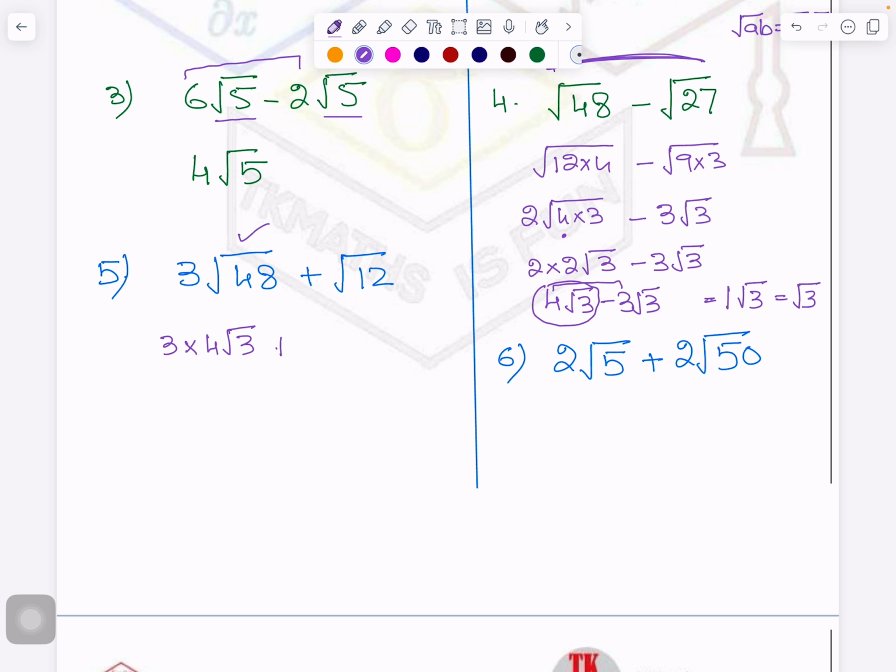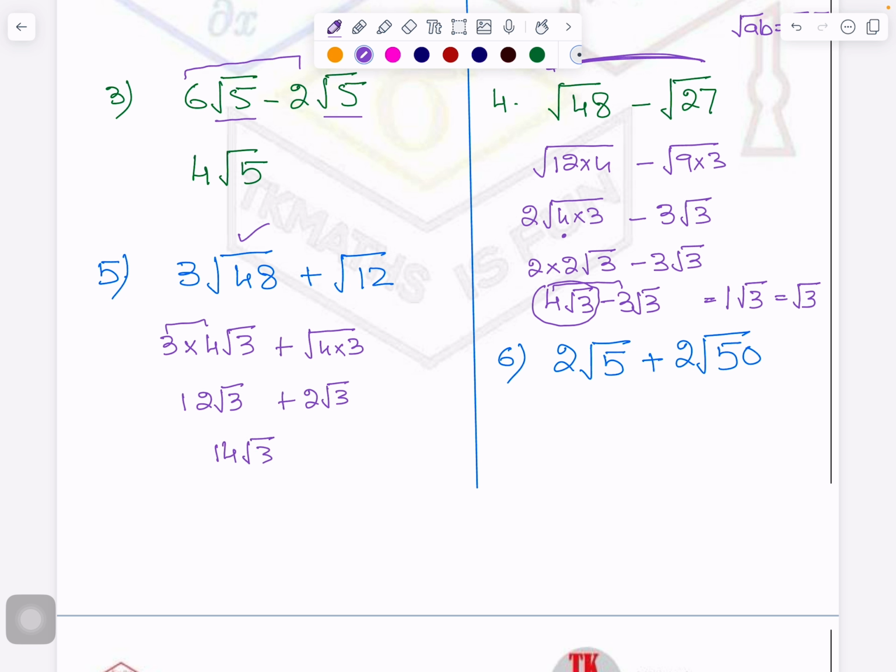And 12 we have seen can be written as 4 times 3, which is 2 root 3. And here 4 will multiply by 3. Now in these terms, root 3 is the same. So I can add 12 plus 2, 14 root 3.